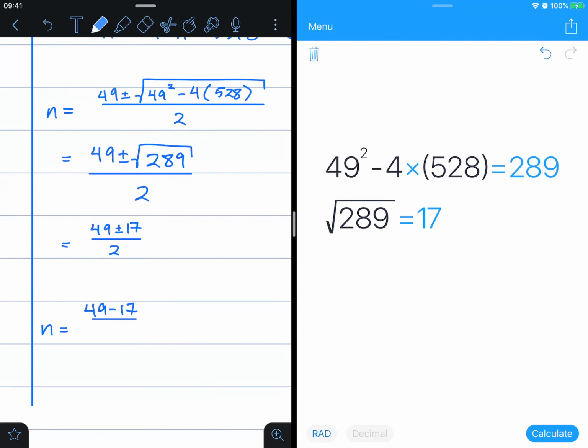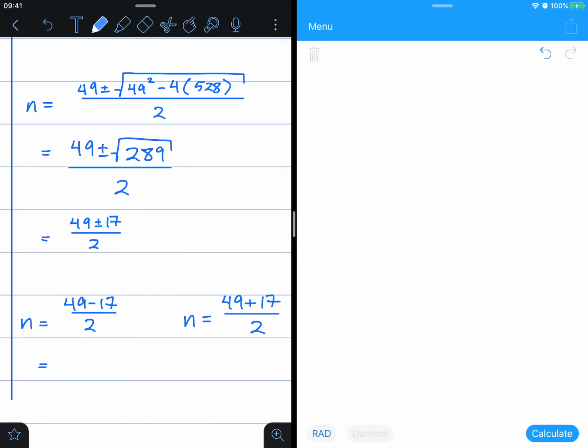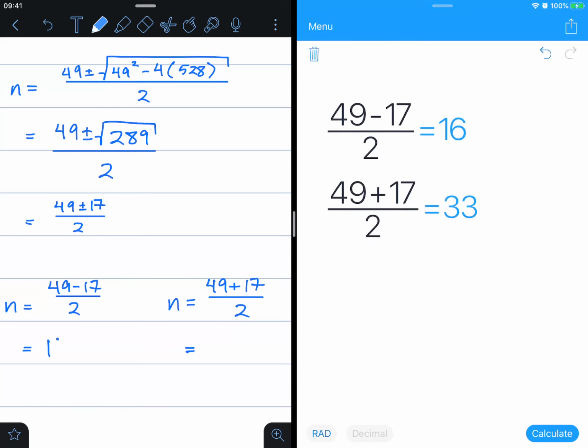So 49 take away 17 over 2, that's 16, and the next one we'll take the positive. 49 plus 17 on 2, and that's the other one, 33. So the two terms that we get are 16 and 33.